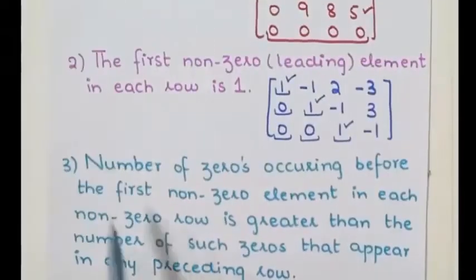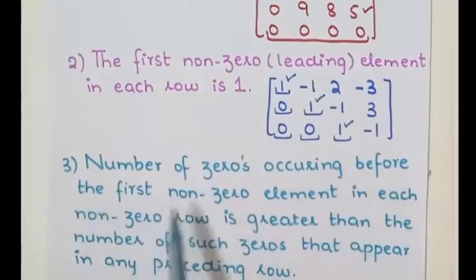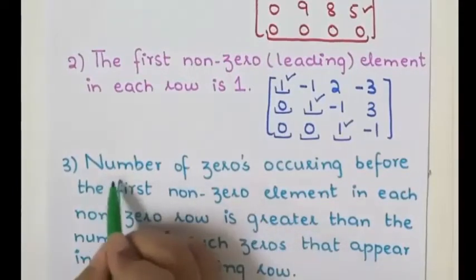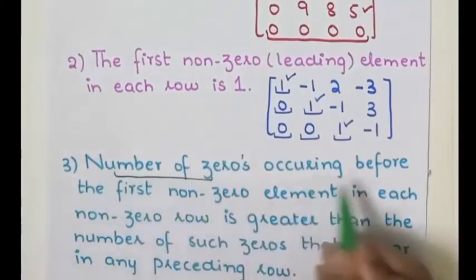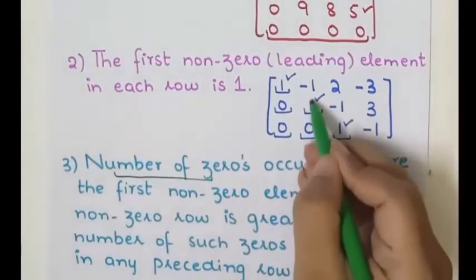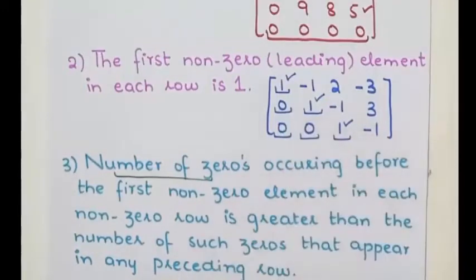Okay, property number 3 says the number of zeros occurring before the first non-zero element in each non-zero row is greater than the number of such zeros that appear in any preceding row. It means this is the number of zeros occurring before the first non-zero element. We suppose this is the first non-zero element and it has a 0 before it.